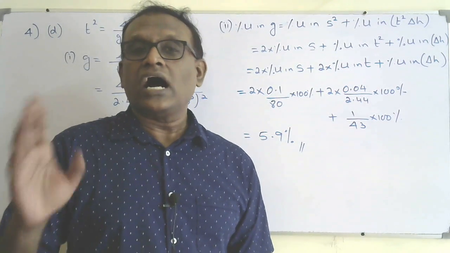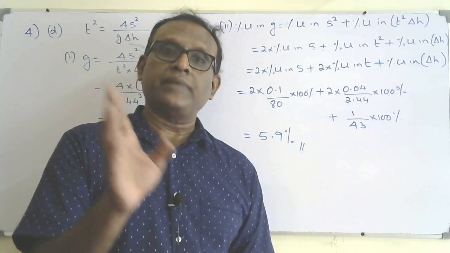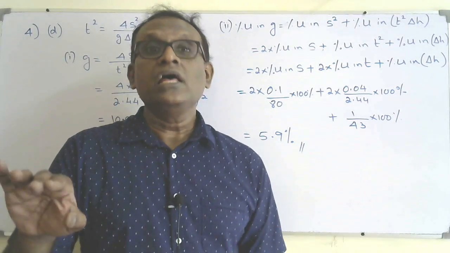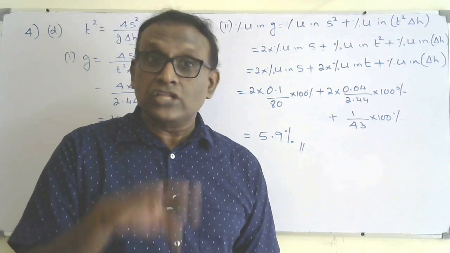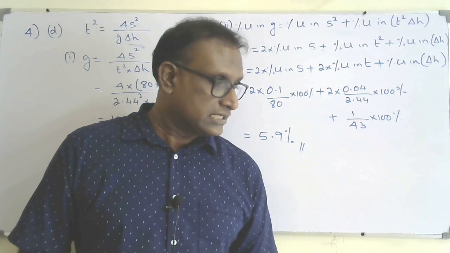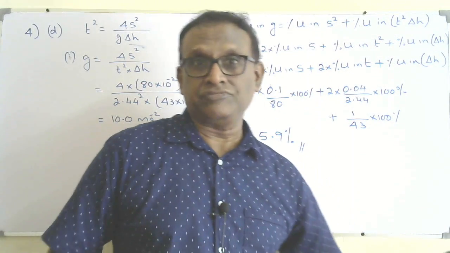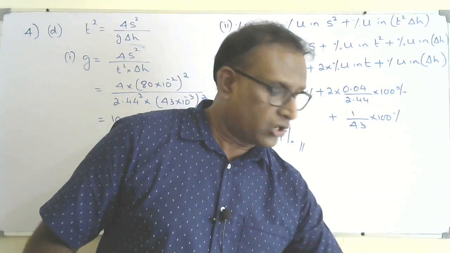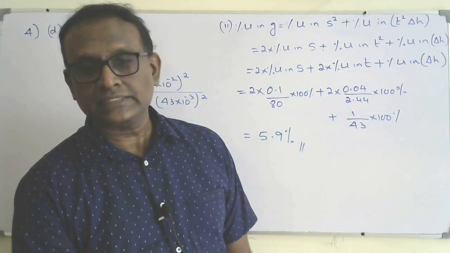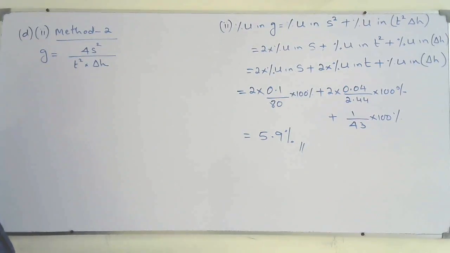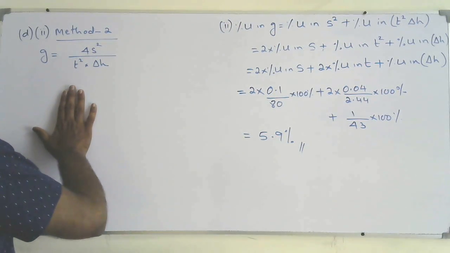I can find half into maximum G minus minimum G, over the actual value of G that we obtained already. That is, we found it already as 10.0 in part D, first part, right? So that method also I'll do as a second method for this question. The same thing, 5.9, I'm going to get here also with method 2.